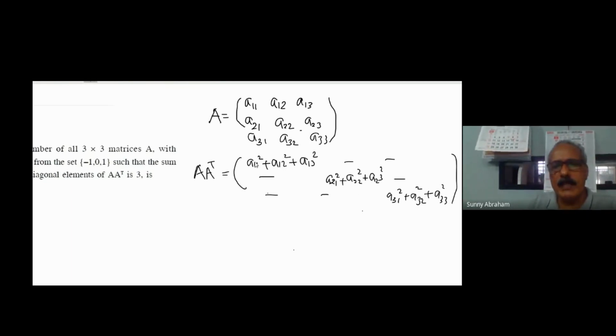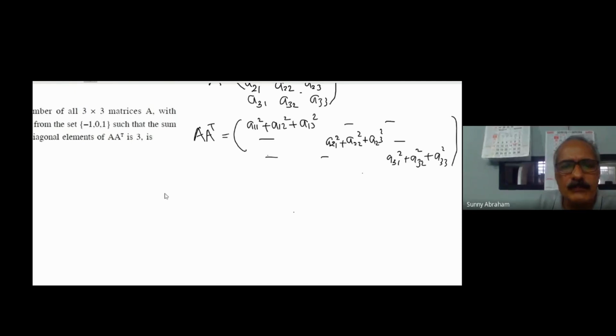So the sum of the leading diagonal elements will be A11 square plus A12 square plus A13 square plus A21 square plus A22 square plus A23 square plus A31 square plus A32 square plus A33 square. That is what we have to calculate. That is called the trace.